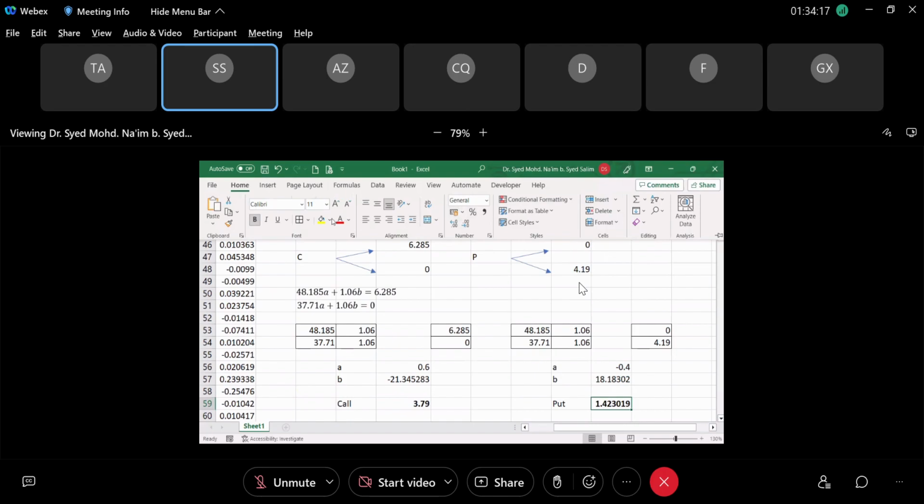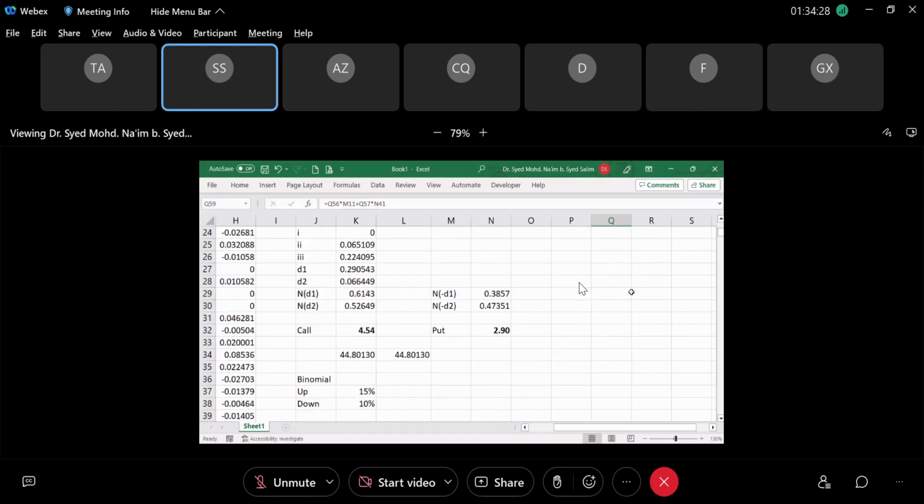So we have a lower price for the put option here, right? In comparison with 454 to 90 here.